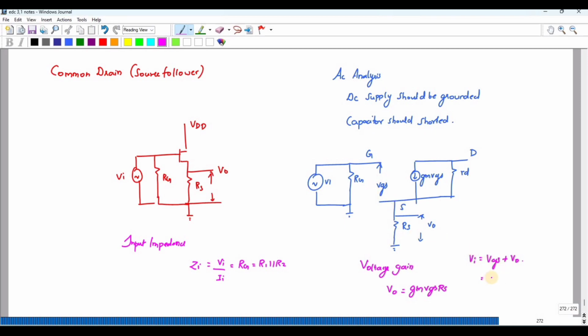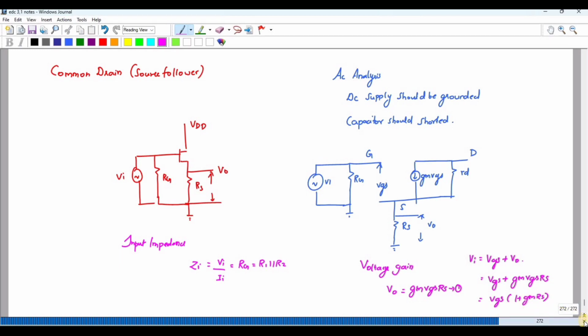So what is V0 here? From the first equation, VI equals VGS plus gm VGS RS. So this is nothing but VGS into (1 plus gm RS).